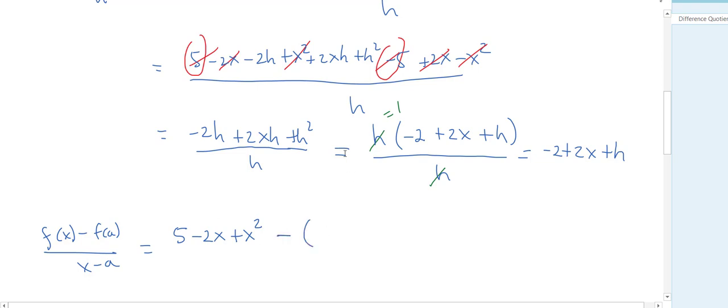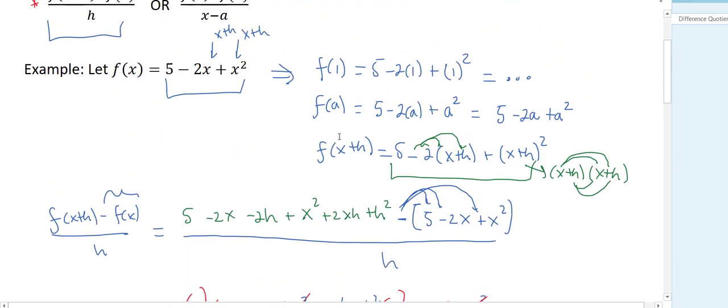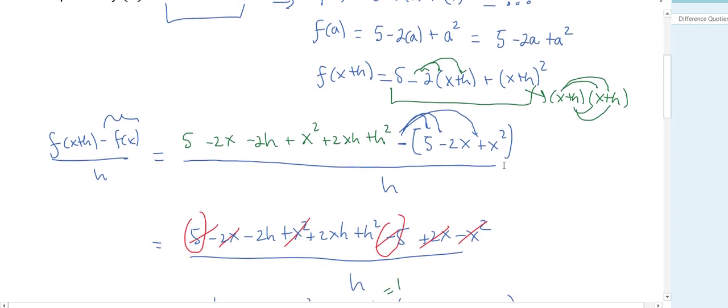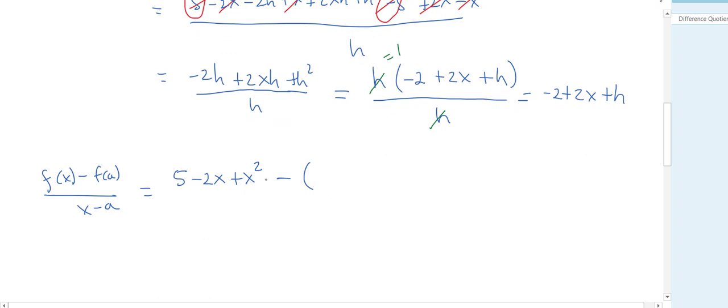I always use parentheses when I'm going to have something more than just a monomial, meaning more than one term. And I already found f of a over here, with our change of variable: 5 minus 2a plus a squared, all over x minus a.